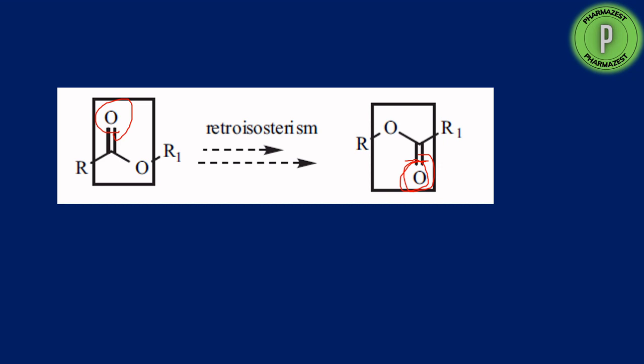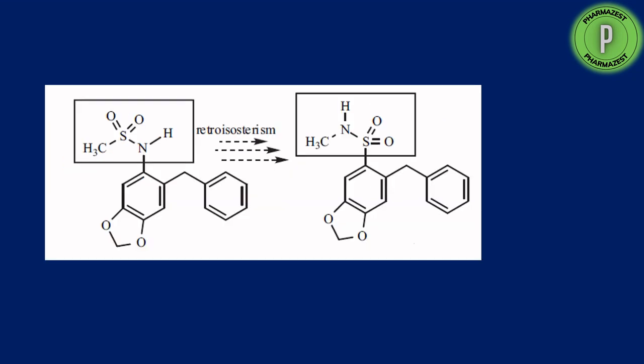Inversion of the functional group takes place. In this molecule, this nitrogen has been inversed, or this sulfur has been inversed from the above position to the below position. Both the atoms have been inversed in their positions. So this is known as retroisosterism.